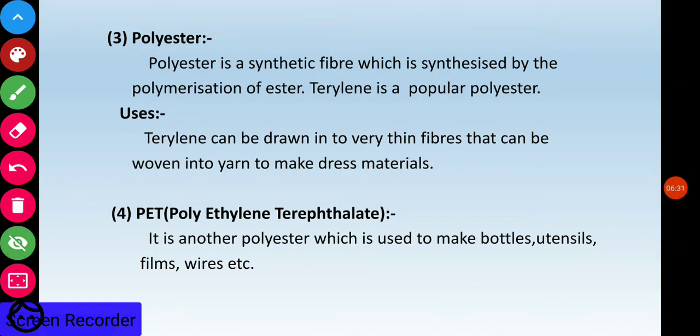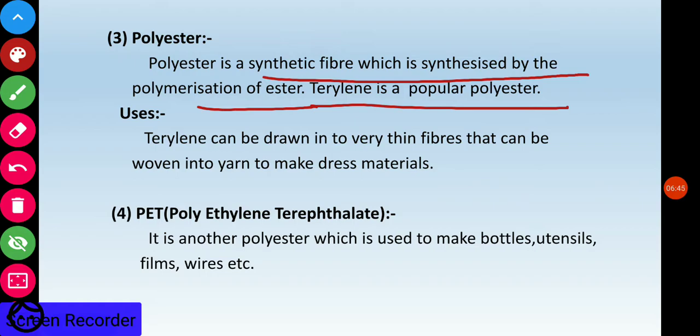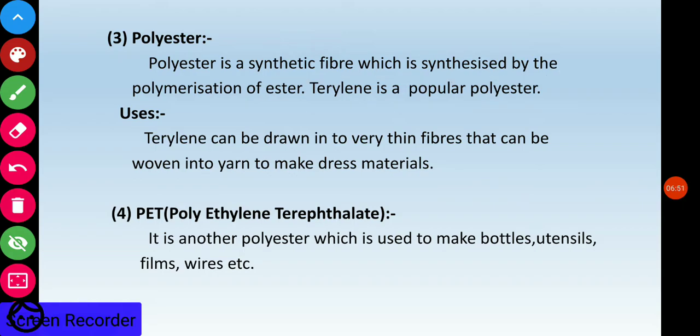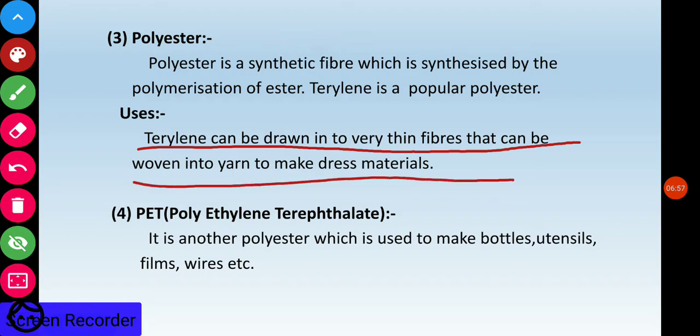Polyester. Polyester is a synthetic fiber which is synthesized by polymerisation of ester. Ester is a synthetic compound. Terylene is a popular polyester. Poly means many, ester is the basic compound. Uses: Terylene can be drawn into very thin fibers that can be woven into yarn to make dress materials.